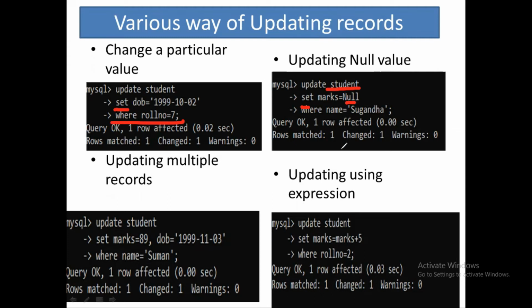In all the records, marks will become null. So you are supposed to put the condition WHERE name is equal to Sugandha, meaning only Sugandha's marks will be null, the rest will be as they are, right? So नहीं condition देने का मतलब ये है कि सारे records के marks आपके null हो जाएंगे.